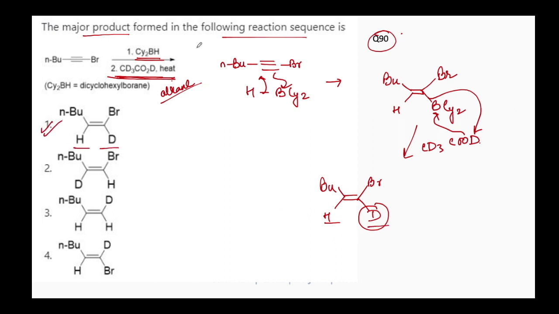So the first step is hydroboration, which is syn addition. Along with that, boron always adds on the less hindered side, and it is a stereospecific reaction, so on the same carbon deuterium is going to add. So the answer is option number 1 for this one.